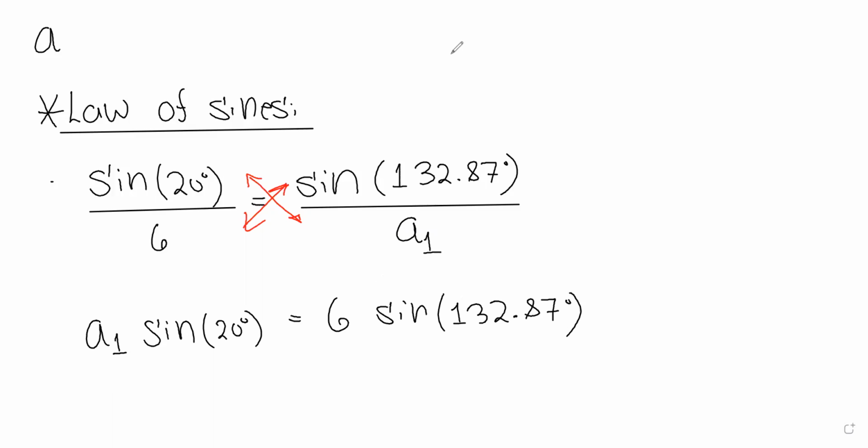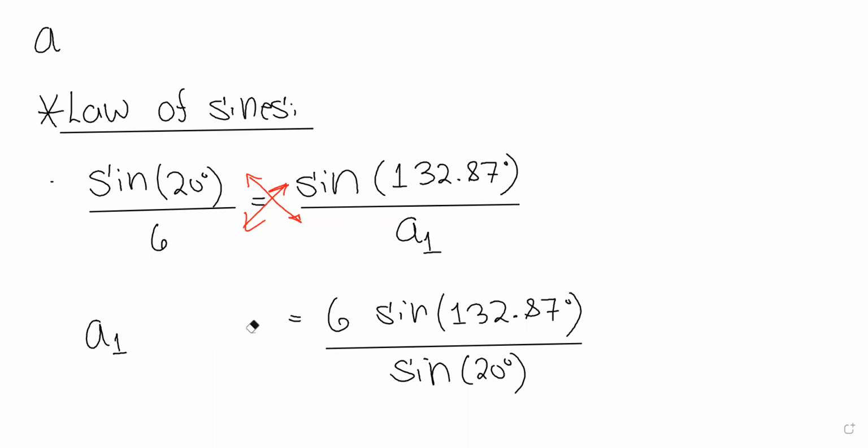So now I'm going to divide both sides by sine of 20 to isolate A1. Good. So when you type that into the calculator, you get A1 is approximately 12.86.